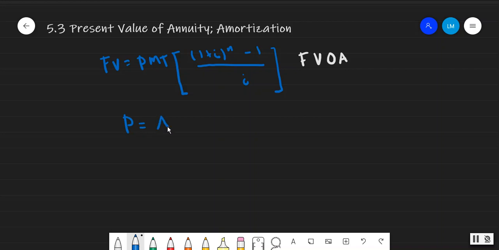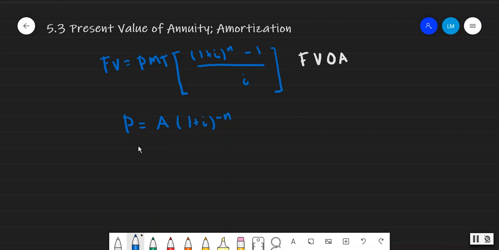We take an accumulated amount and multiply it by 1 plus i to the negative n. Where we go from here is that we just insert an accumulated value. In this case, that's exactly what this is: the future value of an annuity, so we can just substitute.